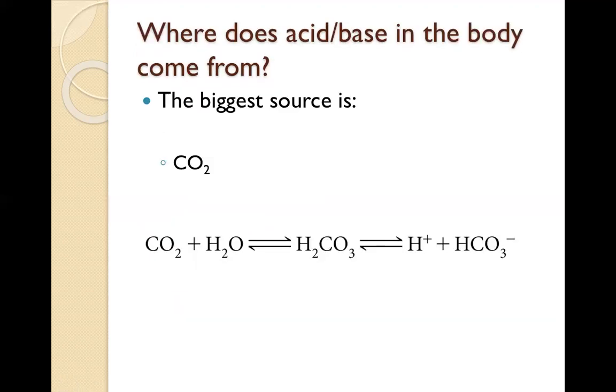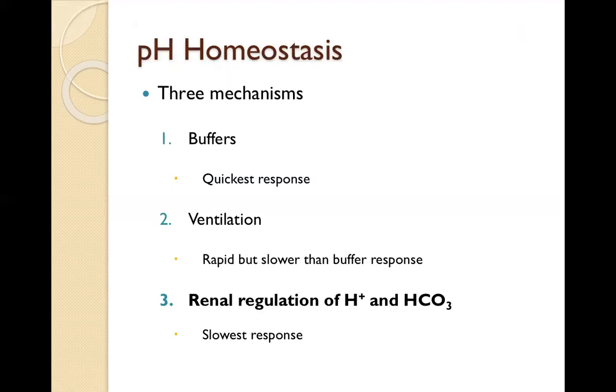And so if we have to maintain a pH within such a narrow range, even though we're being bombarded with all of these acids that are being produced in our body, we maintain pH with three mechanisms. The first mechanism, and this is the quickest response because it is a chemical response, we can maintain pH using a buffer system.